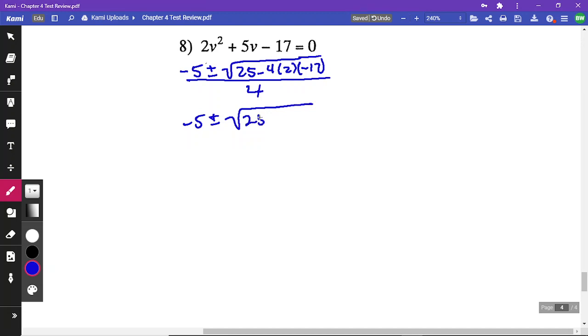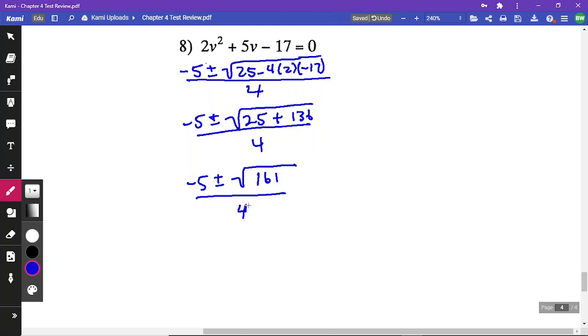That's 25, and this is minus a negative, so it is going to be plus 4 times 2 times negative 17, which comes out to 136. So you get negative 5 plus or minus the square root of 25 plus 136, which is 161, and then that's divided by 4.